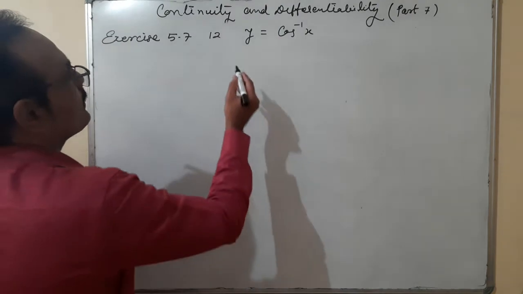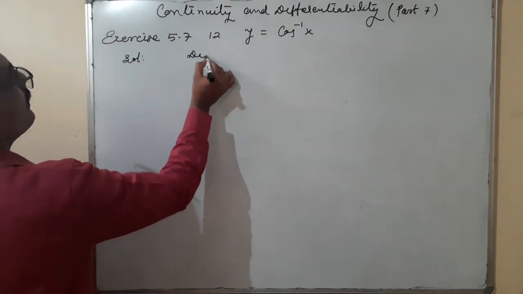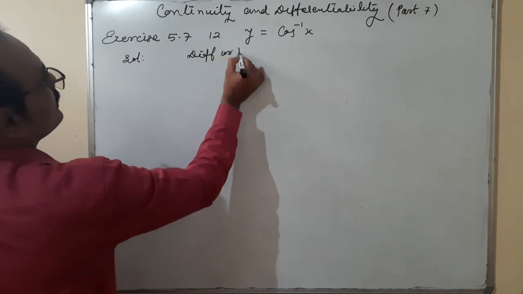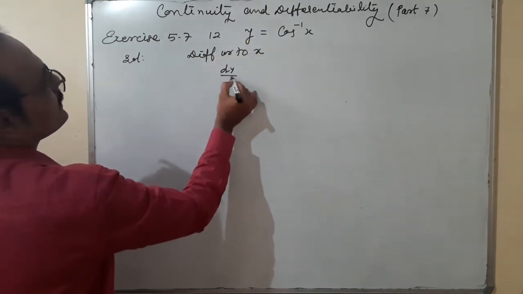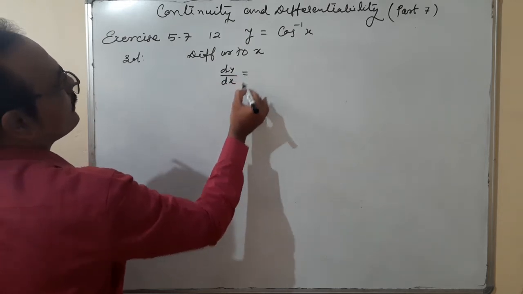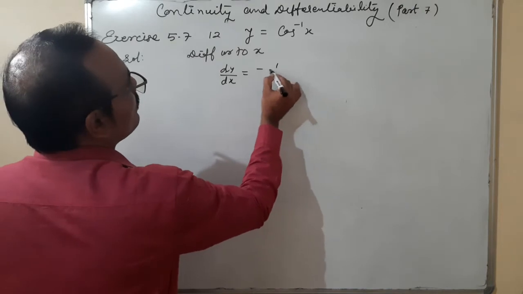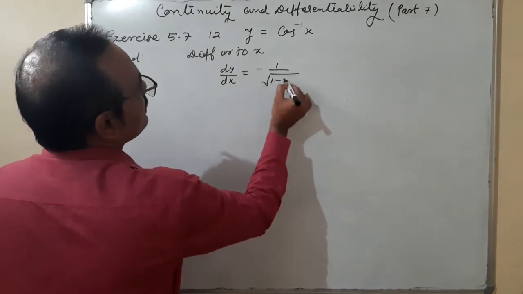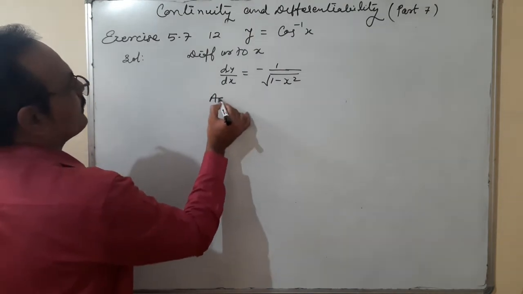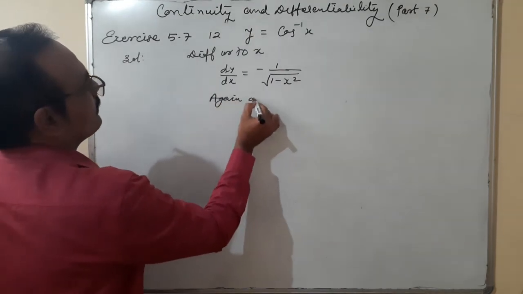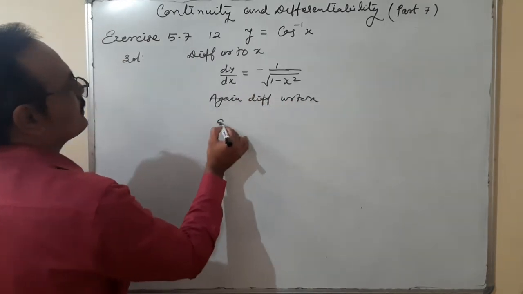So differentiate with respect to x: dy by dx is equal to, the differentiation of cos inverse x is minus 1 upon under root 1 minus x square. Again differentiate with respect to x.